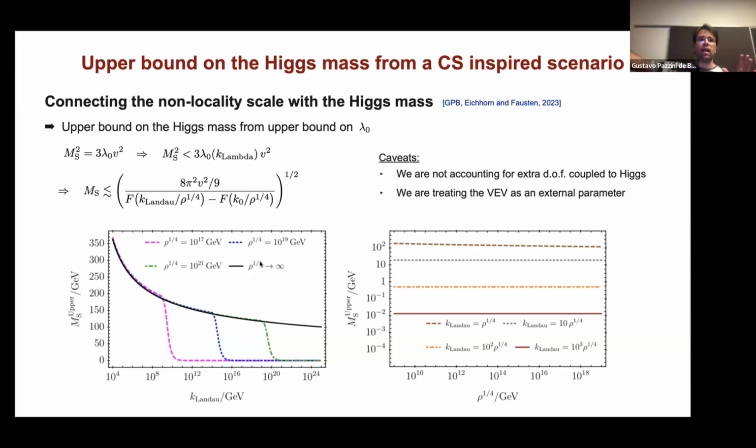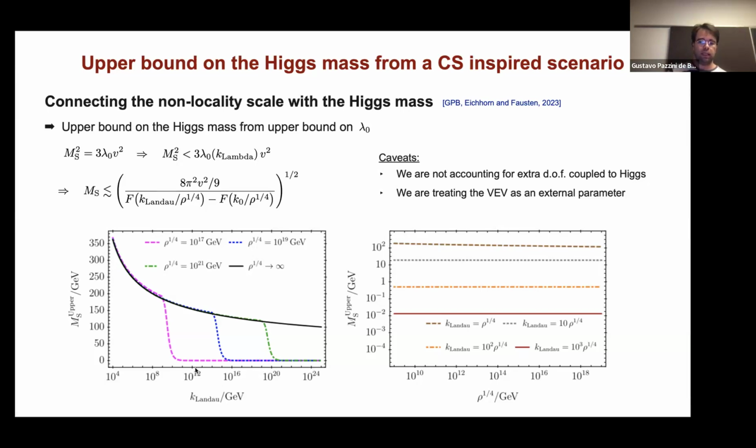So we move the non-locality scale to infinity. And comparing this black line with the other lines, where we have a finite non-locality scale, we see a very large difference in the upper bound on the Higgs mass.